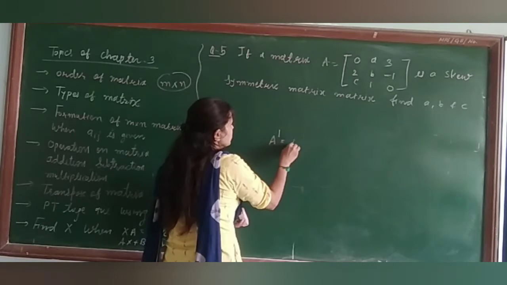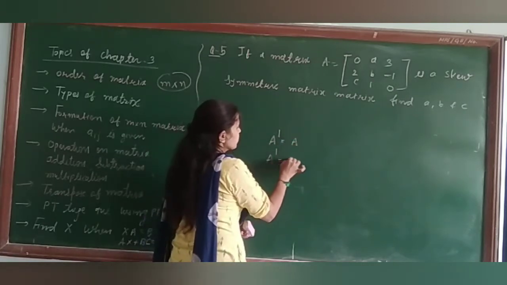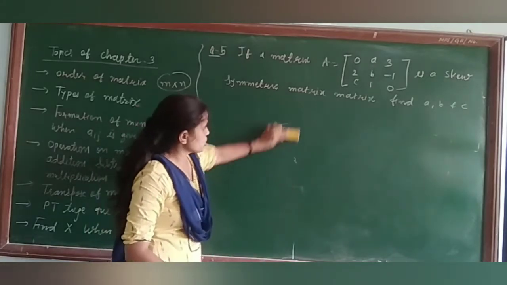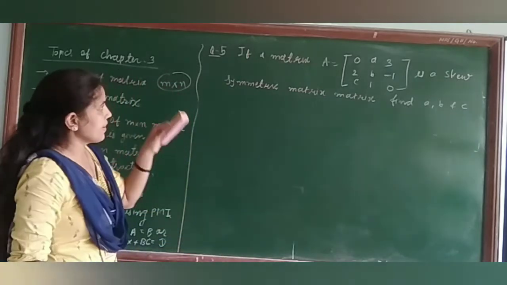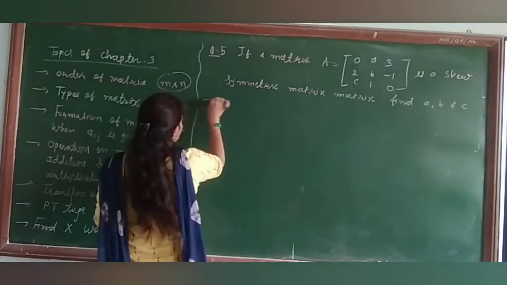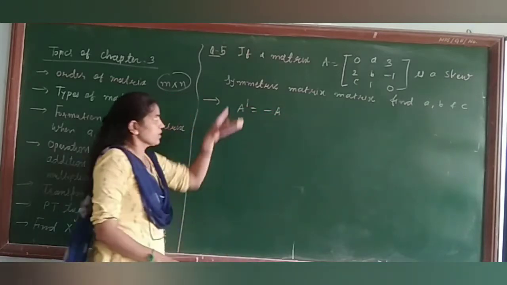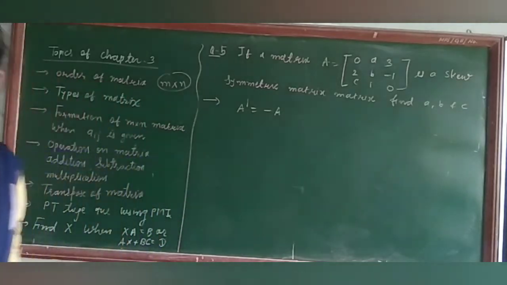If A transpose is equal to A. What is skew symmetric? A transpose is equal to minus A. So here A transpose is equal to minus A, because A is a skew symmetric matrix.